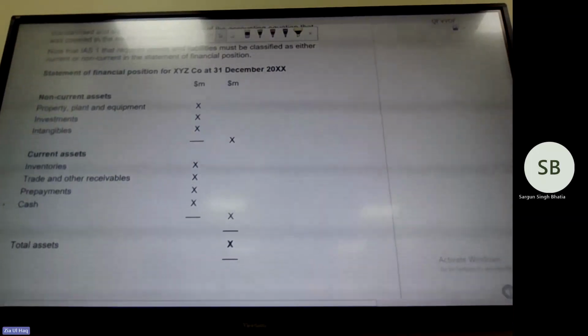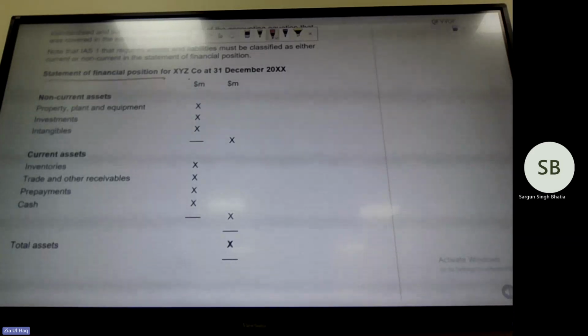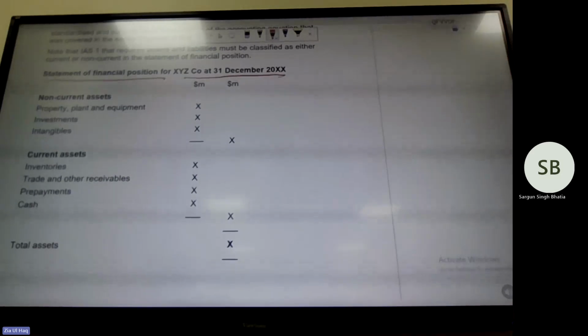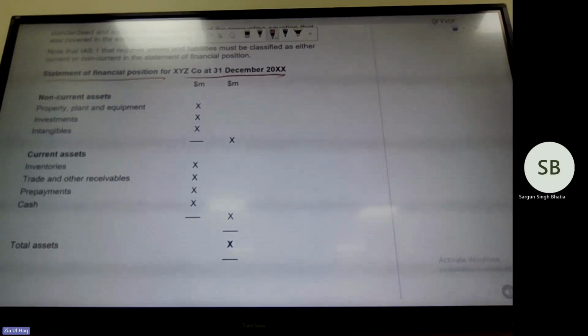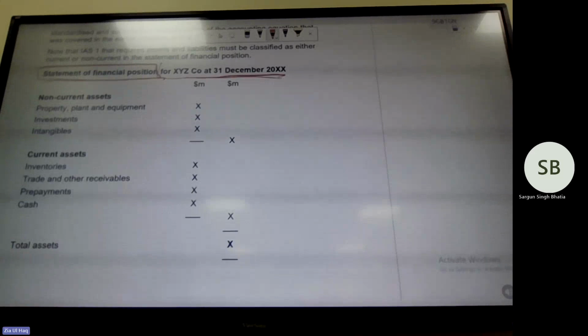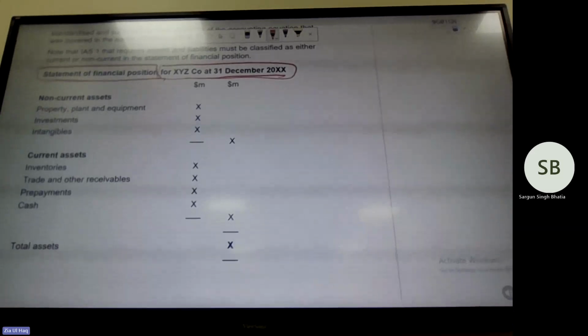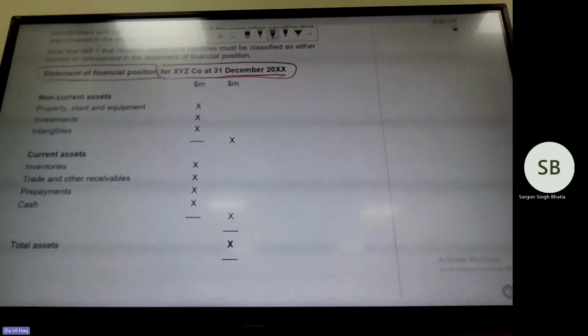How we prepare balance sheet? First, we put the heading statement of financial position for the year ended 31st December. We can make 2 lines. In first line, we will mention this, and in second line, we will mention for the year ended 31st December 2023. We start with the assets first.